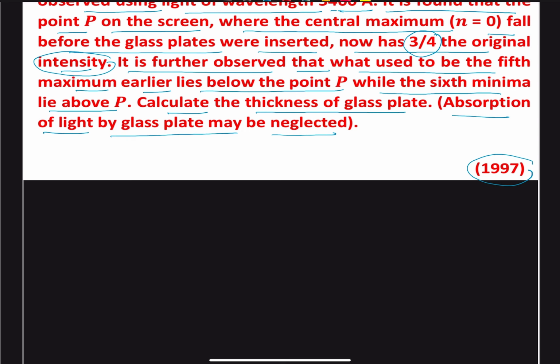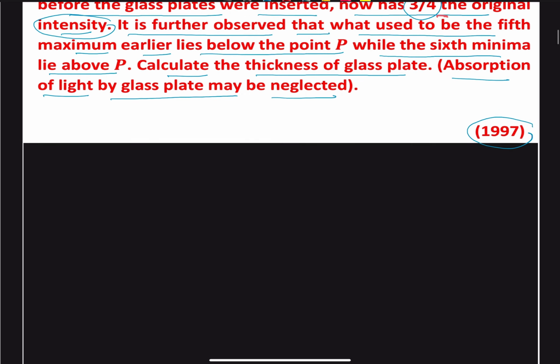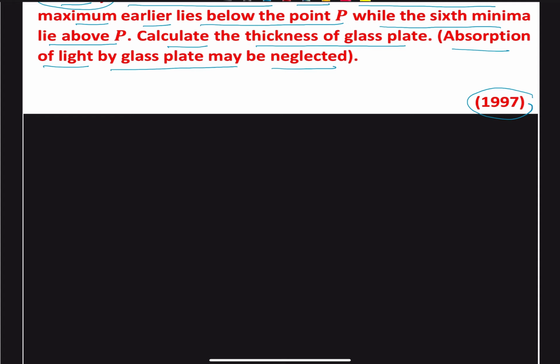So there will be a shift in the interference pattern, and because of this shift the intensity at point P will also be reduced, to 3/4 now. So let us start with the two parts.